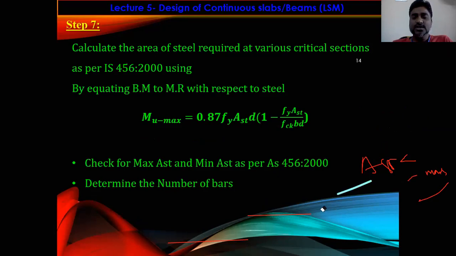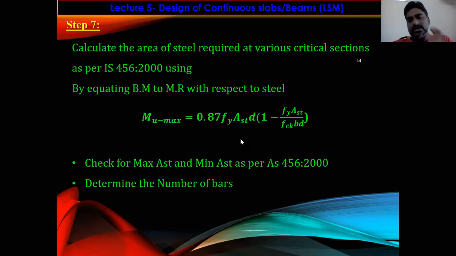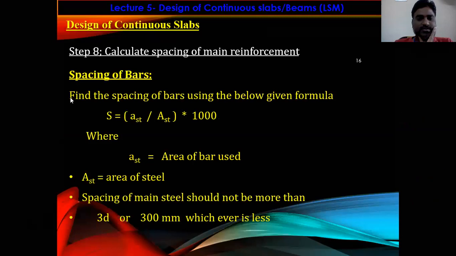That means you need to calculate the spacing instead of the number of bars, right? Because in beams we calculate the number of bars, but here you need to calculate the spacing of bars.